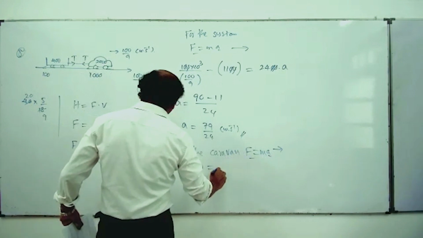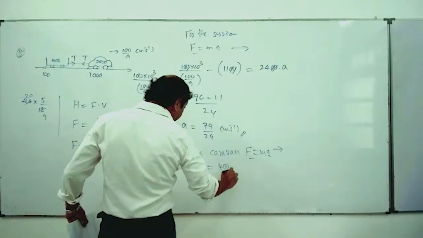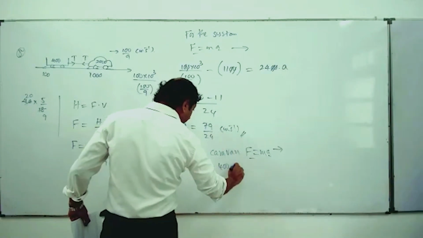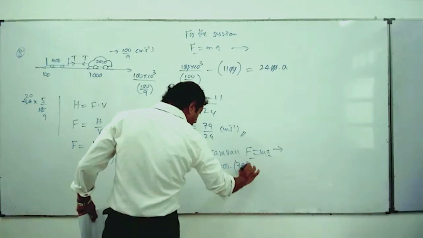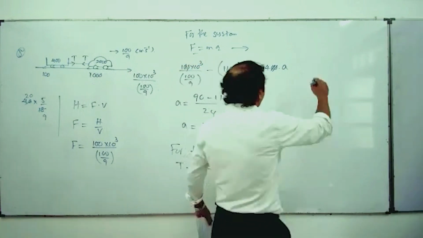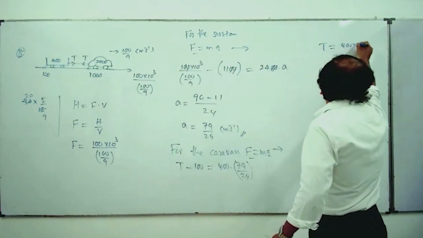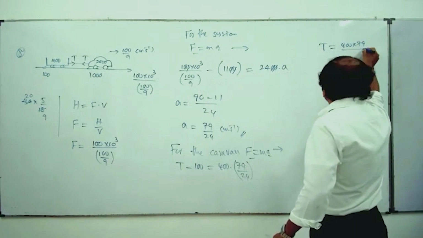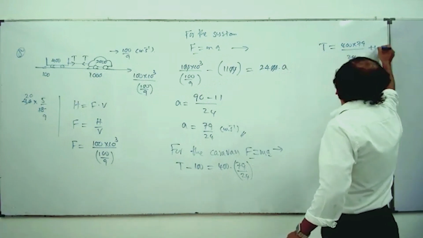Mass is 400. Acceleration is a, just now we found 79 divided by 24. T is equal to 400 into 79 divided by 24 plus 100.